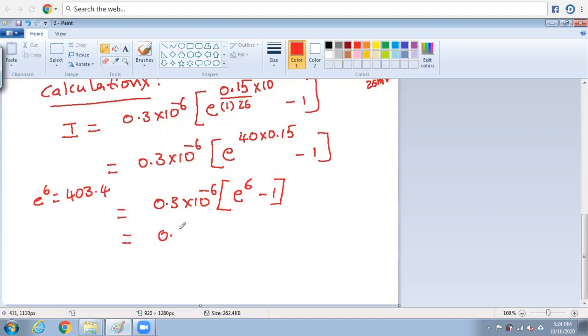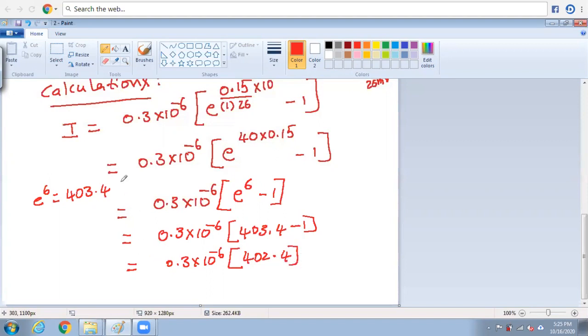Now it is 0.3 into 10 to the power of minus 6 times 403.4 minus 1. The value within the brackets is 402.4.